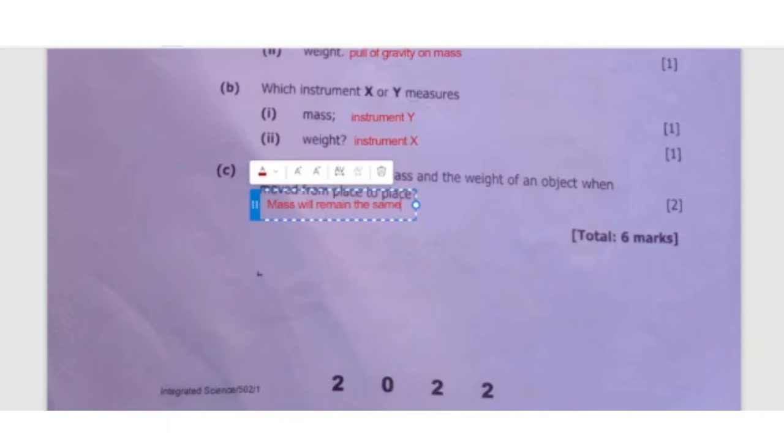Okay, mass is going to remain the same. Wherever you go with an object, the mass of that object will be the same.